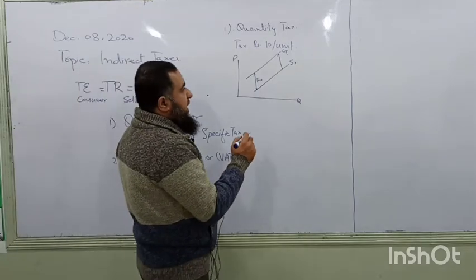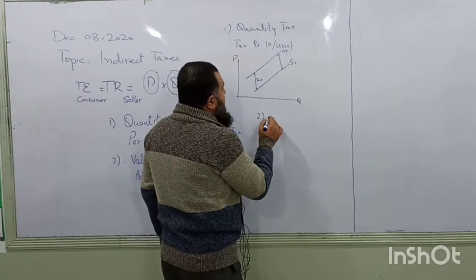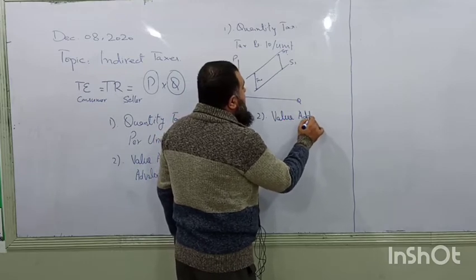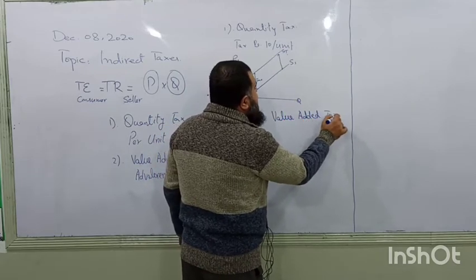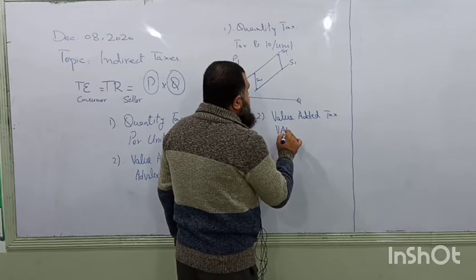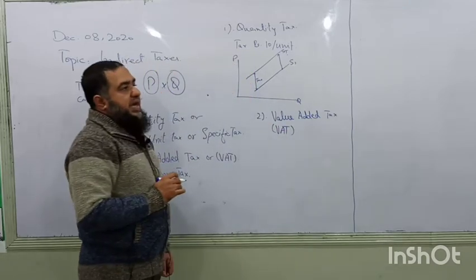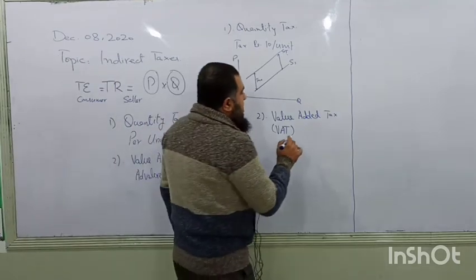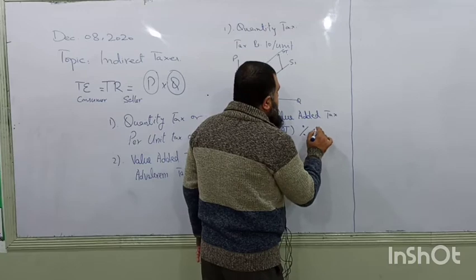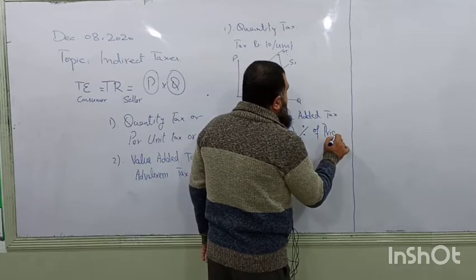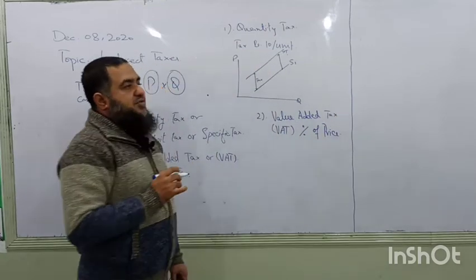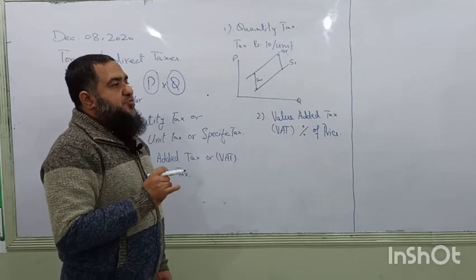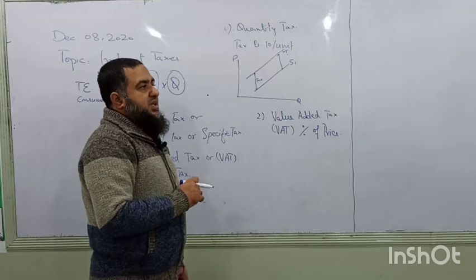Whenever there is value added tax, what is it? Value added tax, or VAT, or ad valorem tax, is a percentage of the price of the product. Like when you buy a pair of shoes, whatever the price of the product is, on its price there is 20% tax.